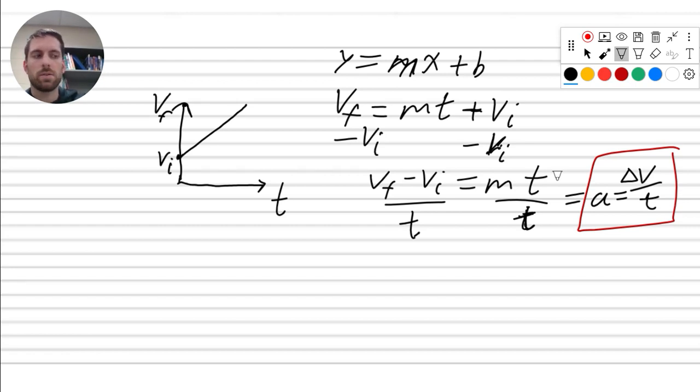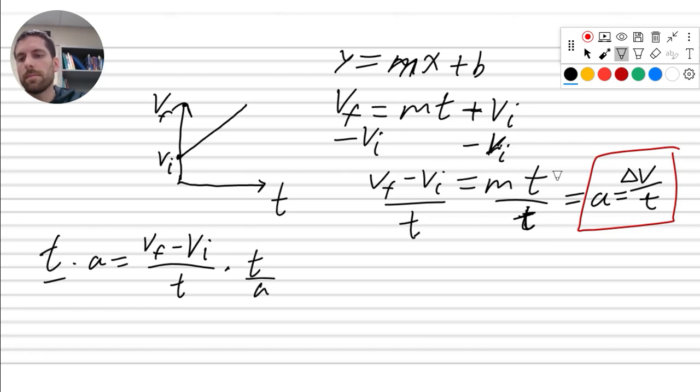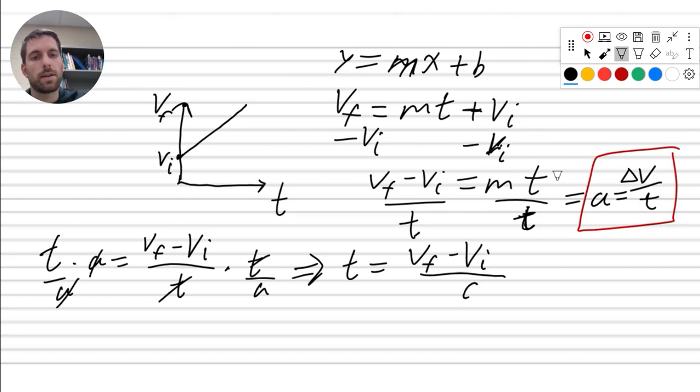Now, let's go and solve this for our other forms. And notice that this is with no distance given, so a equals vf minus vi over t. If I want to get t by itself, I multiply by t over a. Nicely, a will cancel here, and t will cancel here. I'll get t equals vf minus vi over a. So there's our second one. Let's get two more.